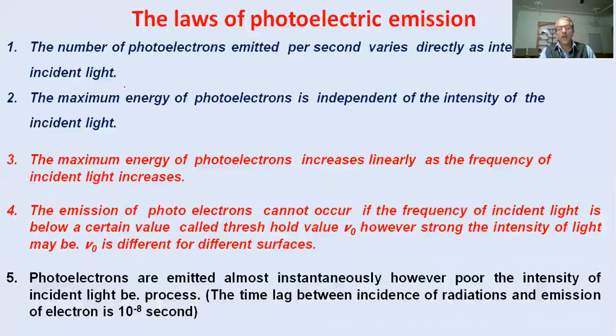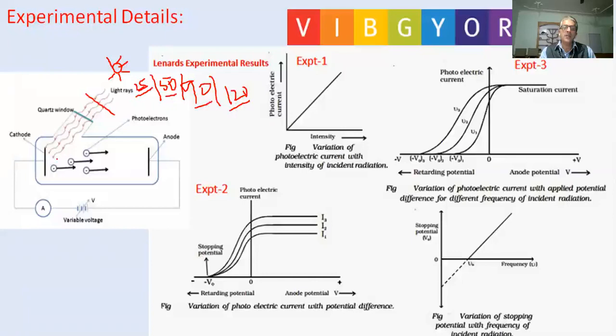What is that? The number of electrons emitted per second varies directly as intensity of incident light. It is directly proportional to the number of electrons which come from the cathode. They are directly proportional to the photons which strike the cathode. Now this is experiment number one.